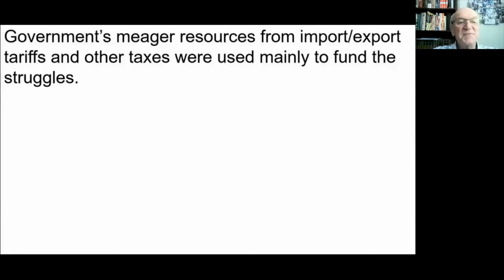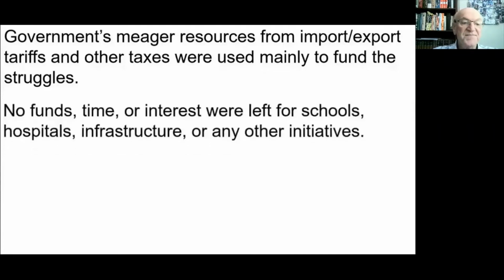So the government's meager resources that came from import-export tariffs and some other taxes were used mainly to fund the struggles. So no funds, no time, or frankly, no interest were left for schools, hospitals, infrastructure, or other initiatives.